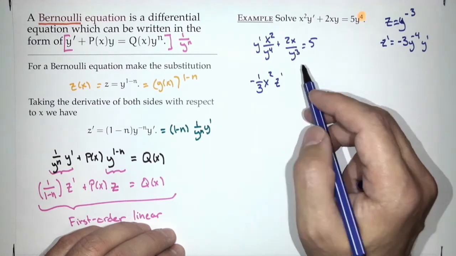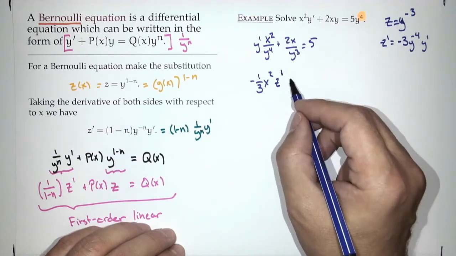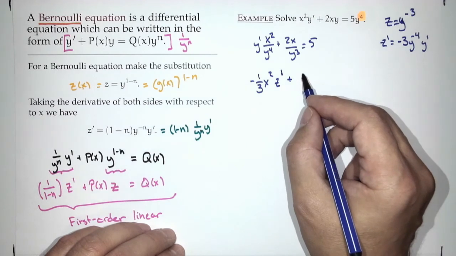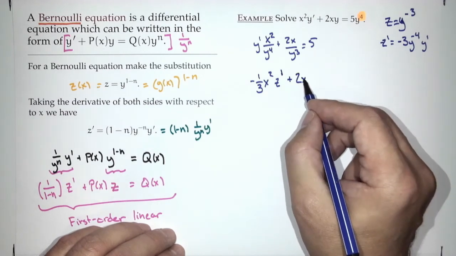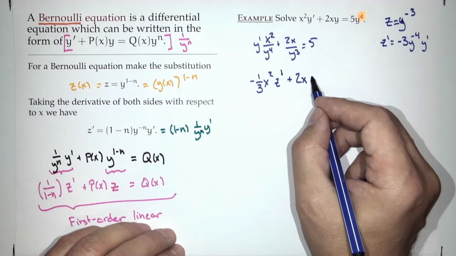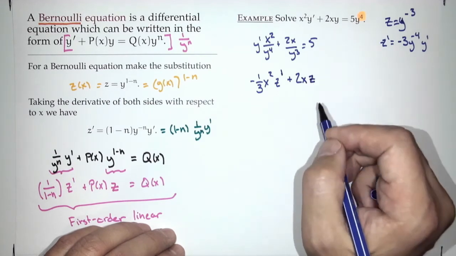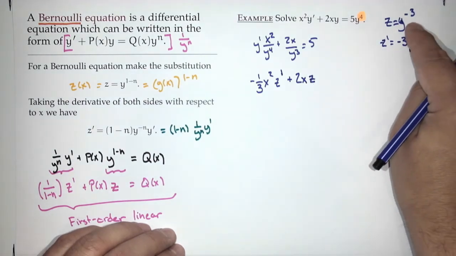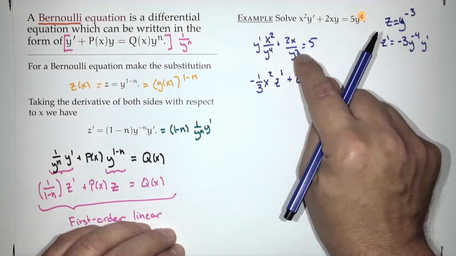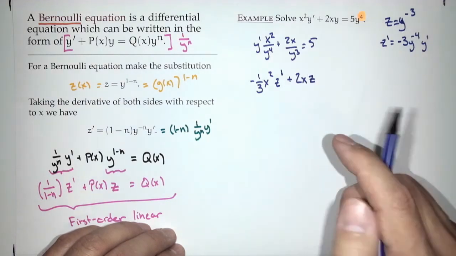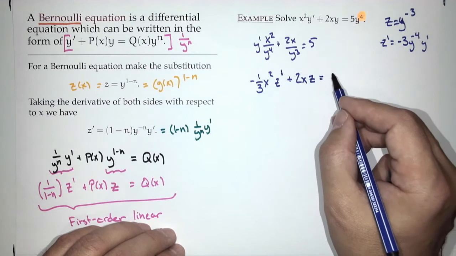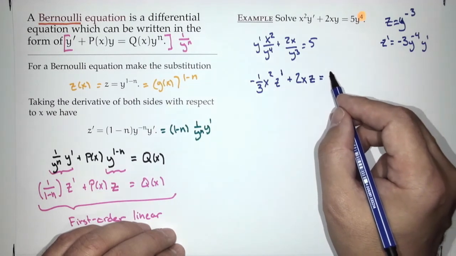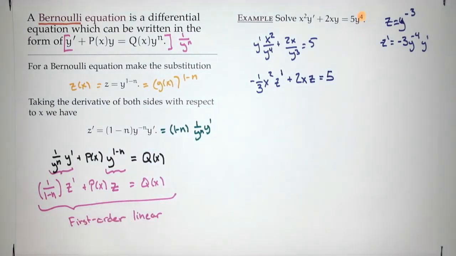Okay, the next term, 2x over y cubed becomes 2x times z. All right, y to negative 3, which is what you see here, is z. And the 5 becomes 5. That is correct. 5 still stays as 5. Good. All right, you cracked that code.